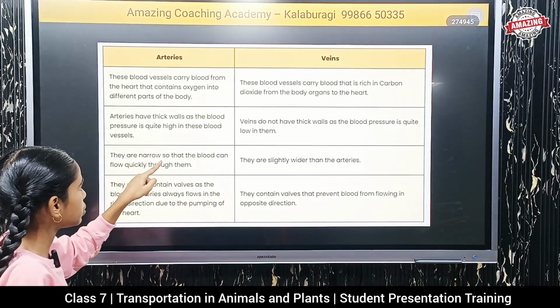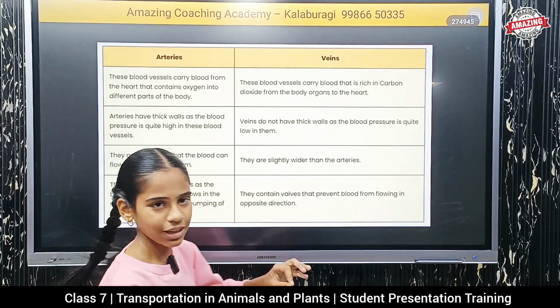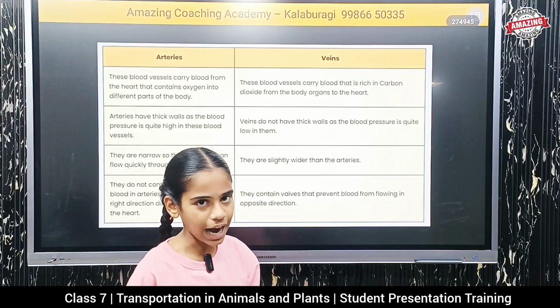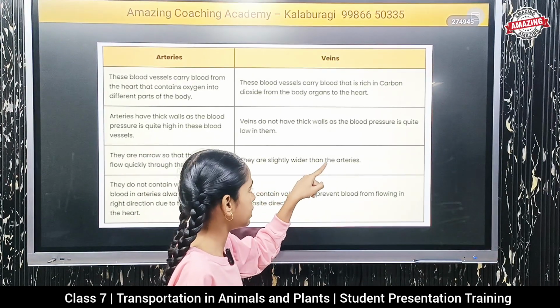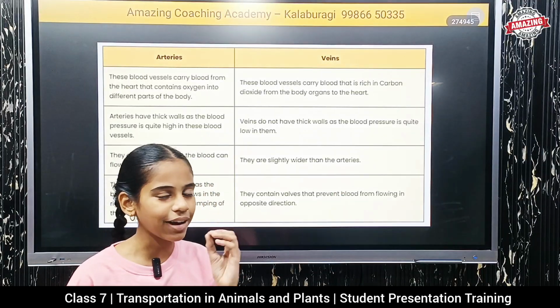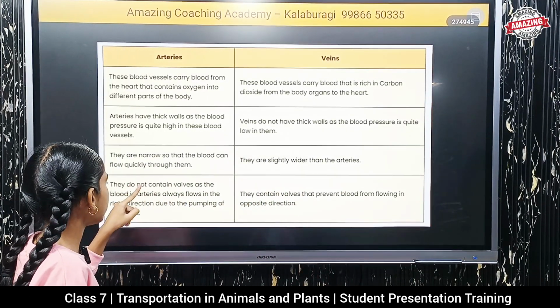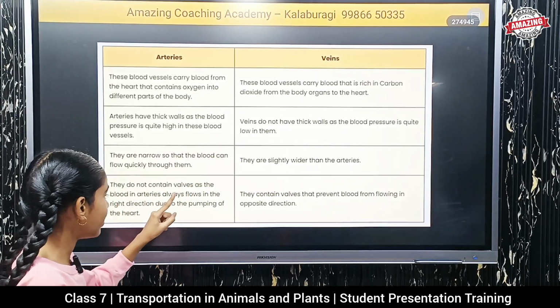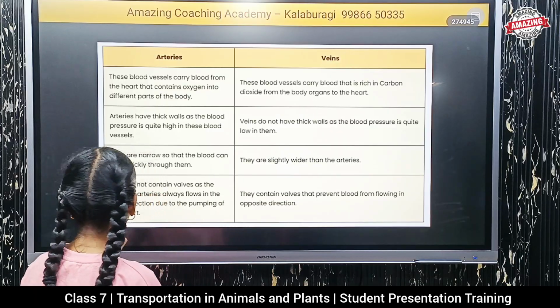They are narrow, so the blood can flow quietly through them. They are slightly wider than the arteries. Arteries do not have any valves as the blood in the arteries always flows in the right direction due to the pumping of the heart.